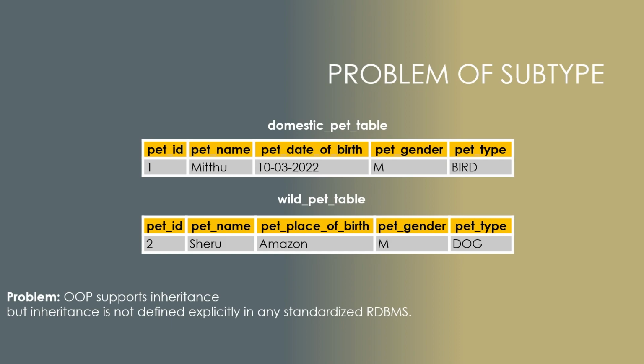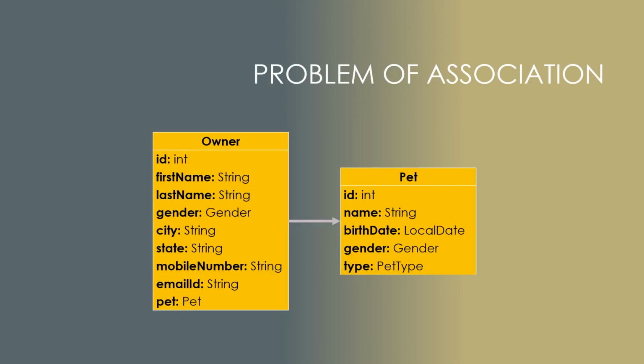And then the disadvantage is that some of the data will remain null. For the domestic pets the place will remain null. For the wild pet, the date of birth is going to remain null. So instead of this, if we go by two different tables, again we have two different tables. So that's the second problem, that we don't have inheritance on the database side, but it is there on our language side.